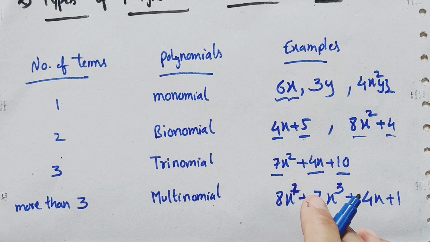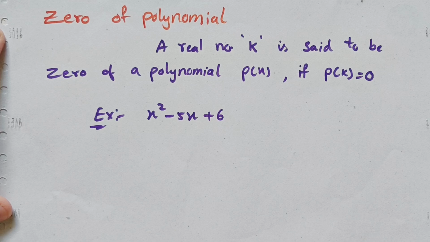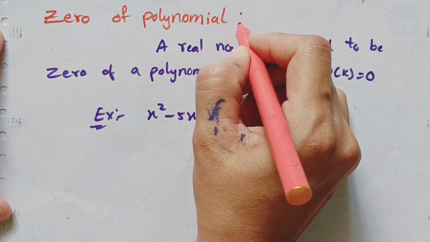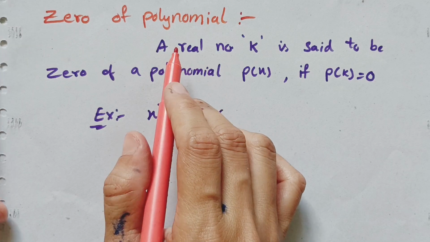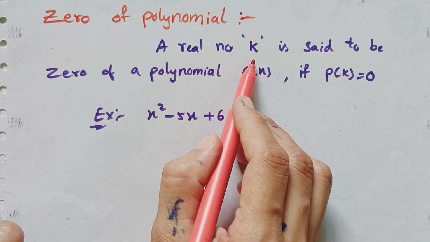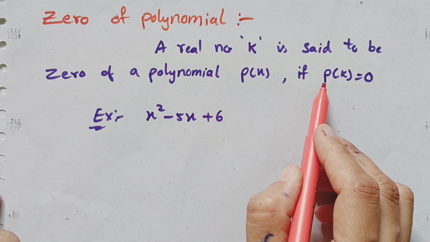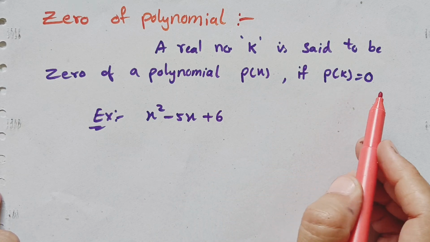Okay, clear guys? Now we'll move to the next topic, which is zero of polynomial. What do you mean by zero of polynomial? A real number k is said to be zero of polynomial p of x if p of k equal to 0.